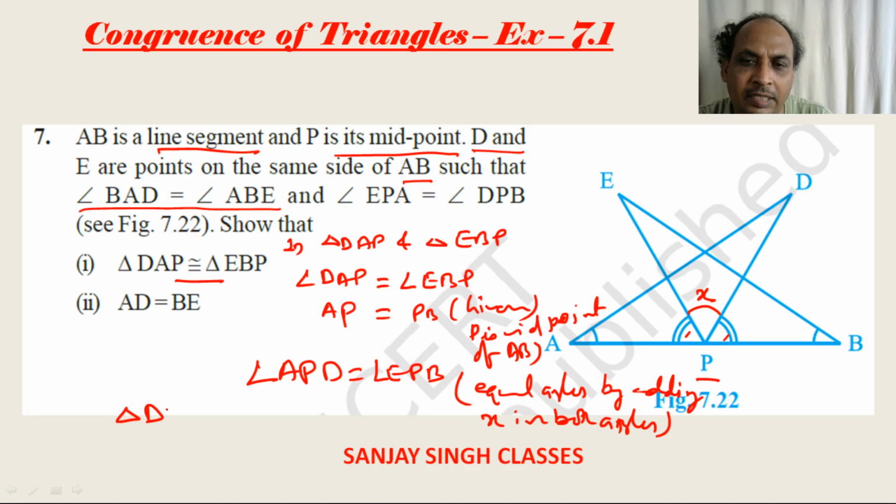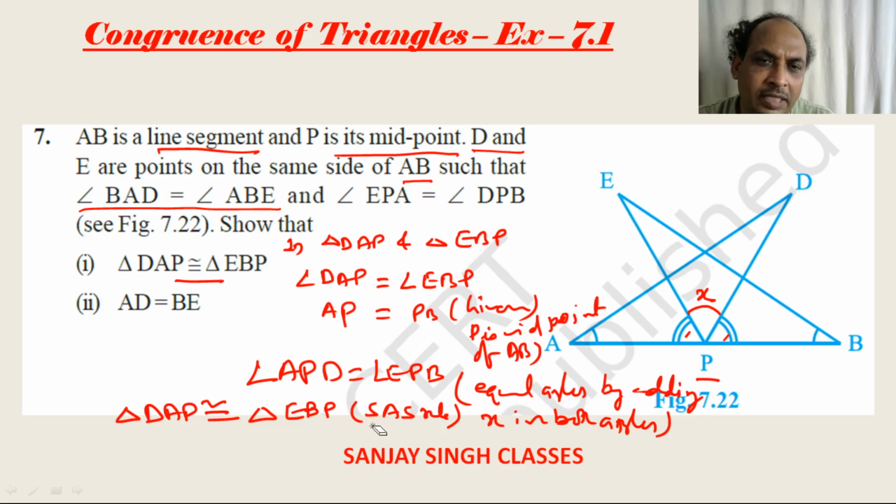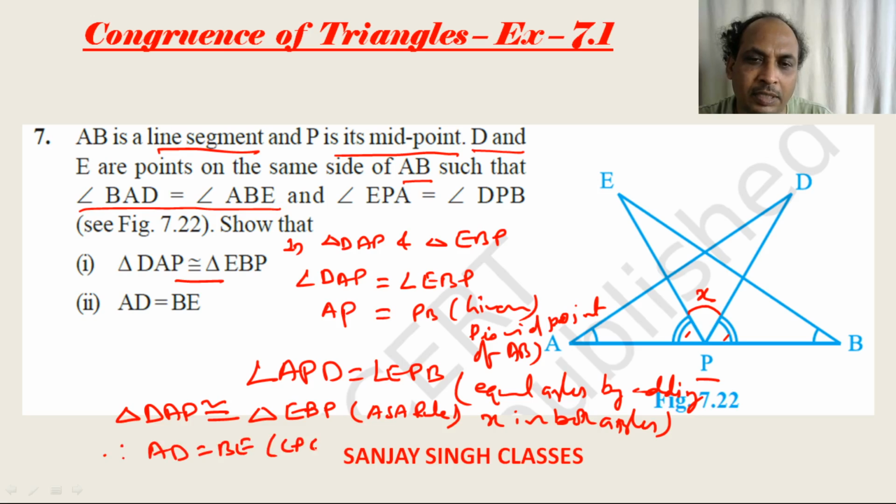So triangle DAP is congruent to triangle EBP by SAS rule. No, sorry, not SAS rule, ASA rule. Therefore, AD is equal to BE, that is CPCT.